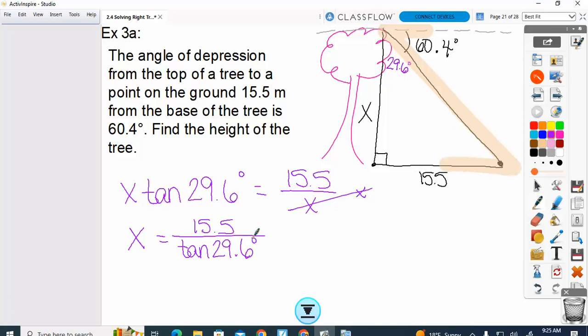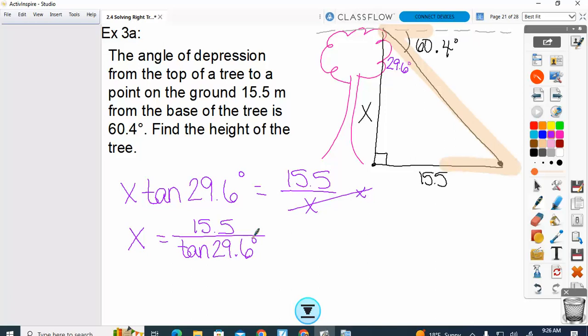So now I put it in my calculator. 15.5 divided by the tangent of 29.6. How many significant digits do I need to give? 3.